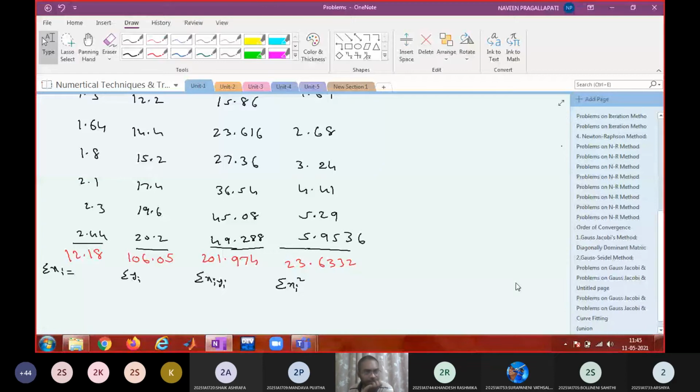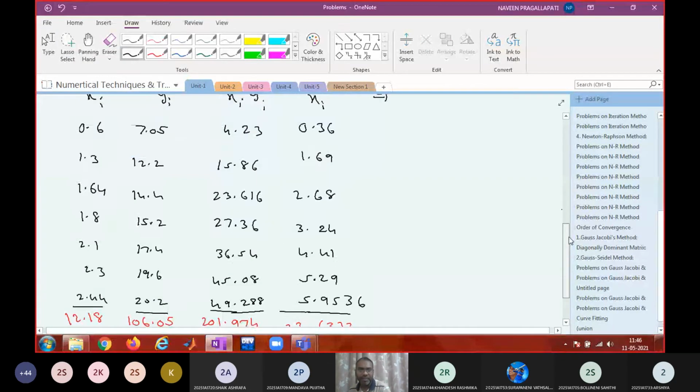Next, 12.18 a0 plus 23.6332 a1 is equal to 201.974. Substitute the values and tell me.